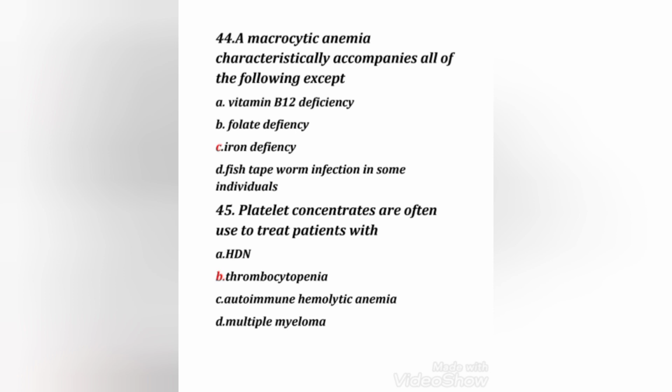Next question. Platelet concentrates are often used to treat patients with HDN, thrombocytopenia, autoimmune hemorrhagic anemia, multiple myeloma. And the right answer is option B, thrombocytopenia. Platelet concentrate is used to prevent or treat bleeding in people with either a low platelet count or poor platelet function.